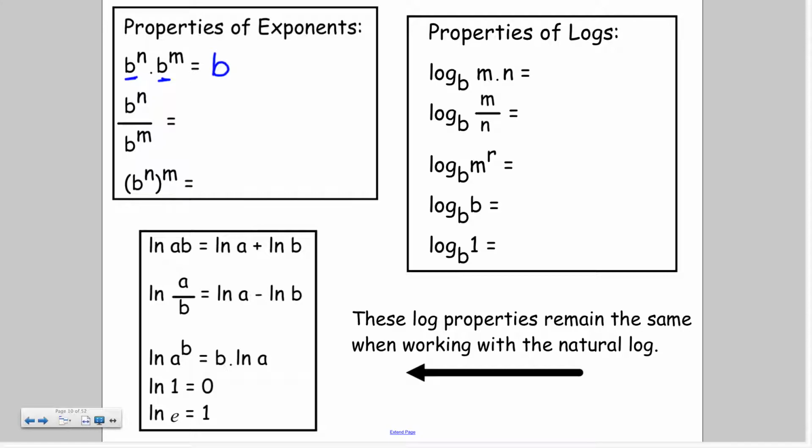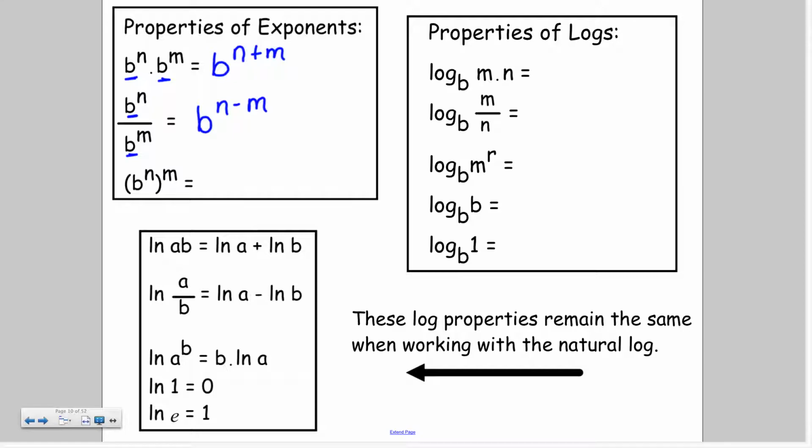So we keep the base of b, and then we're going to have n plus m. Next, we have the one where we divide. Again, we have the same base, so we're going to keep that base. But when we divide, we subtract the exponents. So b to the n minus m.